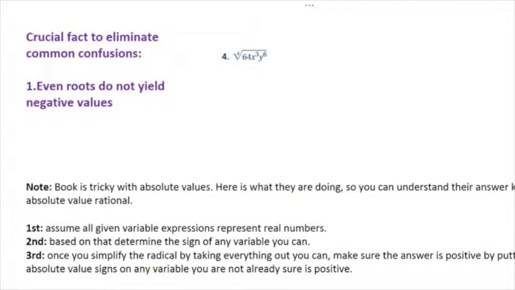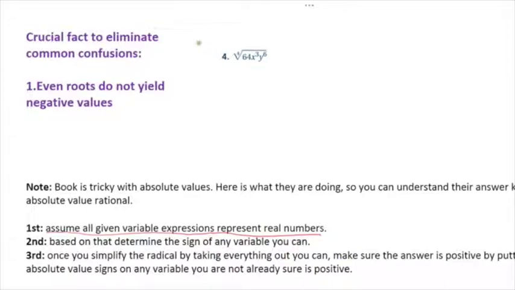On our old Algebra 2 book, they would explicitly state, assume all variables are positive. In this book, they assume all given variable expressions represent real numbers. So this does not have a negative under it right now, because if it did, this would not be a real expression.